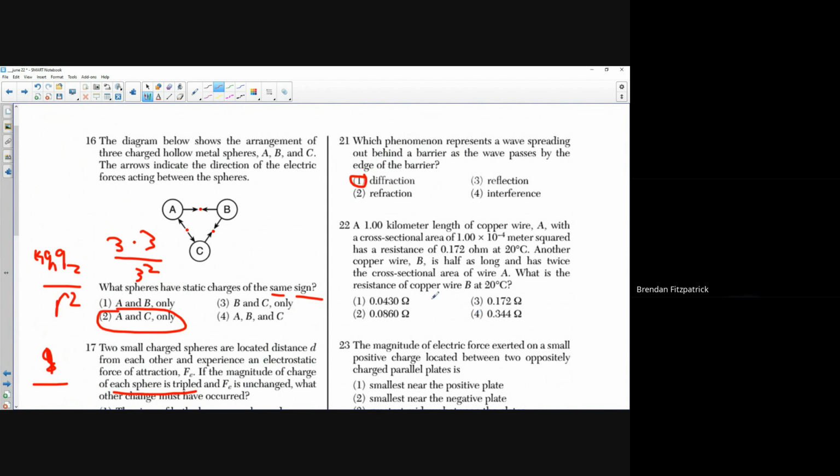22. A 1 kilometer length copper wire with a cross-sectional area has a resistance of that. Another copper wire has the same resistivity. Again, the formula that they're asking about is rho times L over A. Another copper wire, half as long, twice the cross-sectional area. What is the resistance of the copper wire?